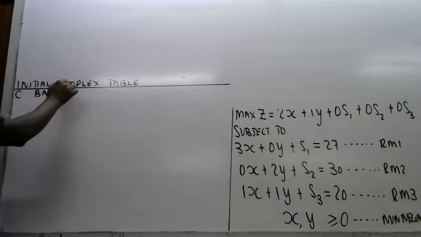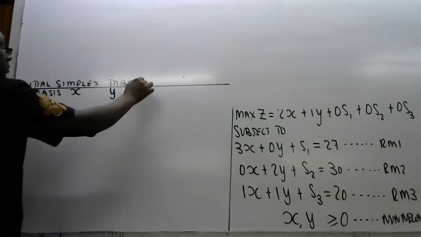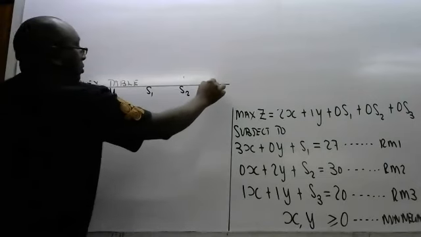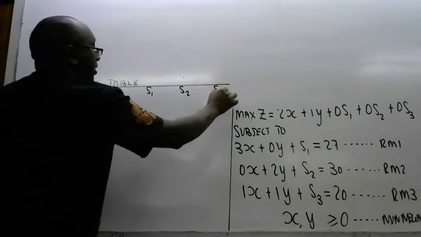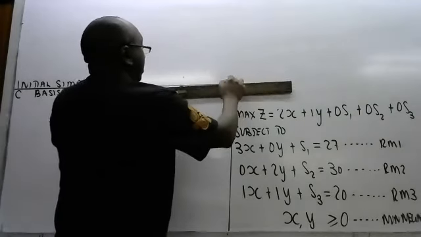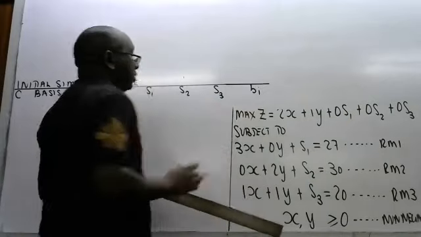So I have X, Y, S1, S2, S3, and then BI.